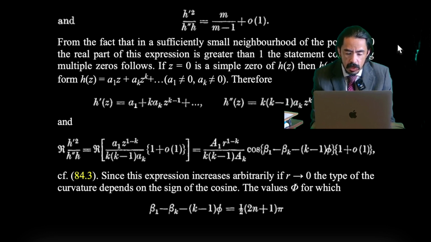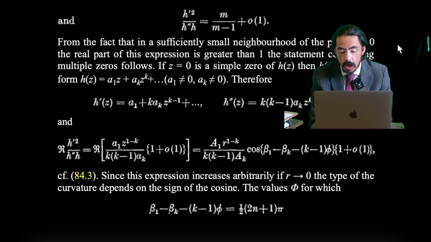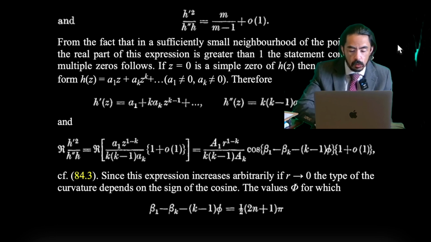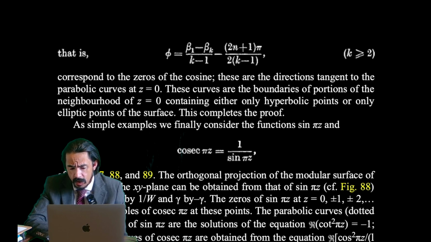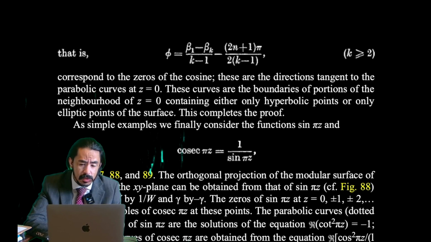The values phi, for which we have that beta 1 minus beta k minus the quantity k minus 1 closed quantity times phi equals pi over 2 times the quantity 2n plus 1, that is, phi is equal to a fraction with a numerator of beta 1 minus beta k over a denominator of k minus 1, minus another fraction with a numerator of pi times the quantity 2n plus 1 all over a denominator of 2 times the quantity k minus 1 closed quantity, where k is lowercase and greater than or equal to 2. These values of phi correspond to the zeros of the cosine.